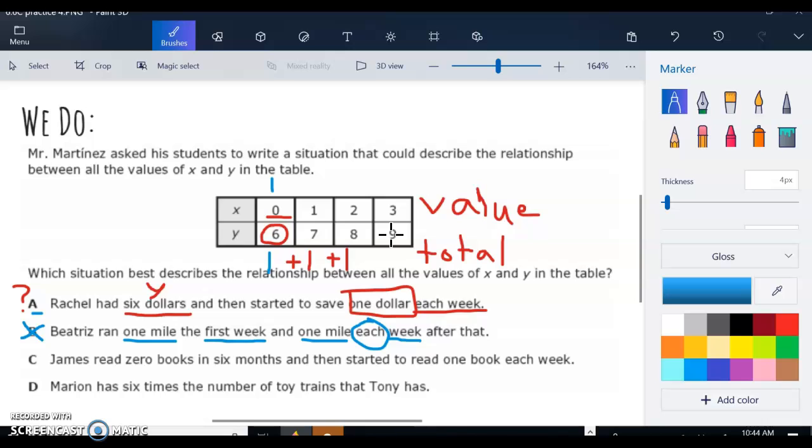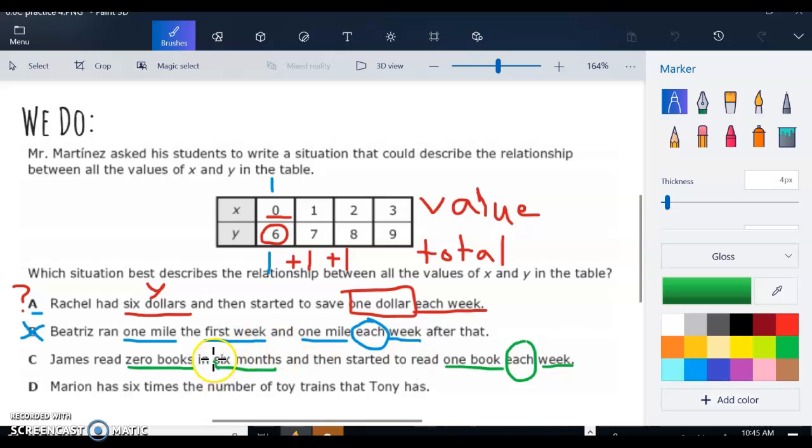Let's look at answer choice C. James read 0 books in 6 months and then started to read 1 book each week. Take a second here, and what do you think is wrong with this question? The question starts out in months.